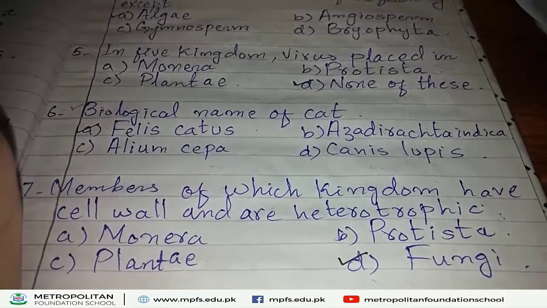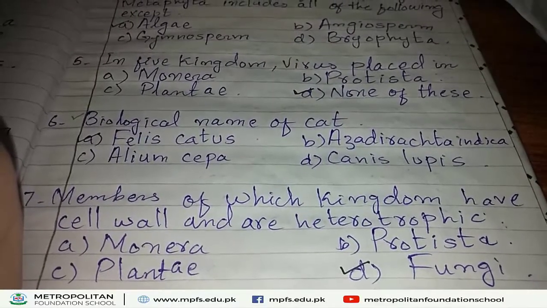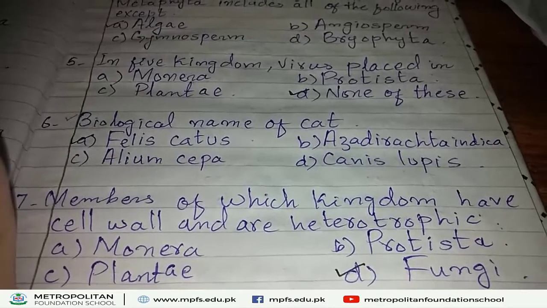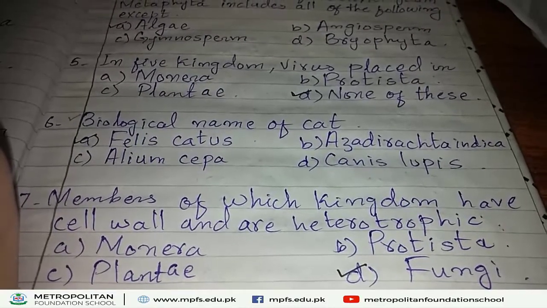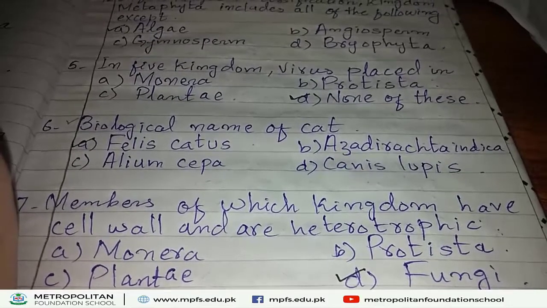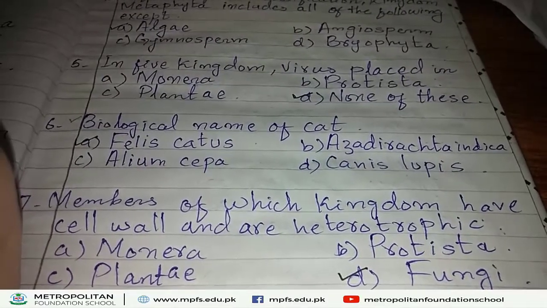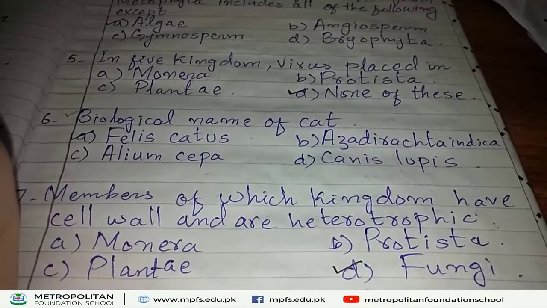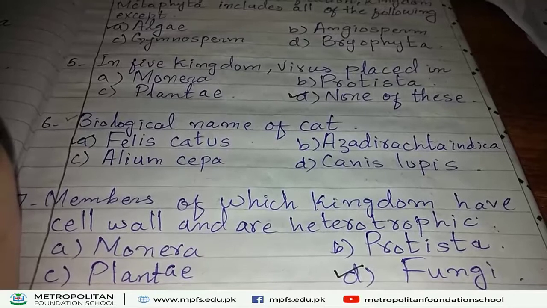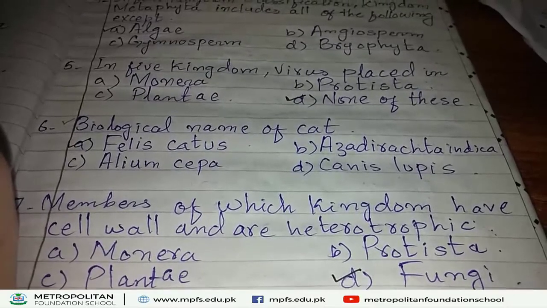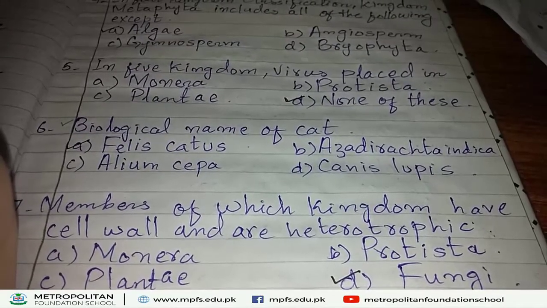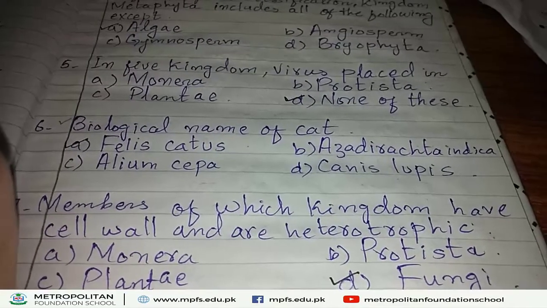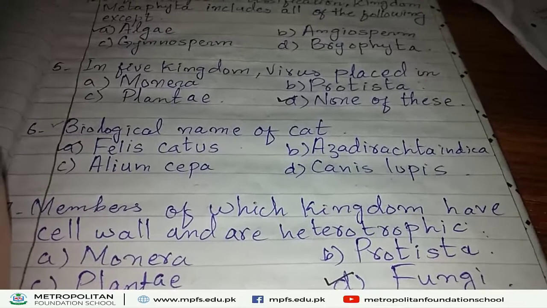And option D, fungi. So the correct option is option D, fungi. Fungi have a cell wall made up of chitin, and fungi are called heterotrophs because they do not make their own food, they depend on other organisms for their food. Therefore, they are called heterotrophs.